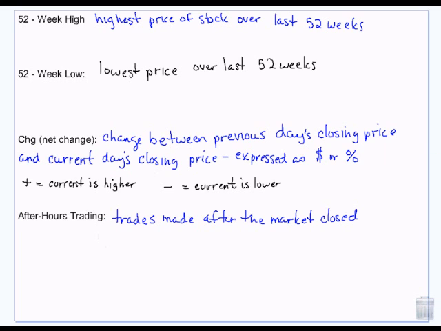The way you can tell if after hours trading has occurred is that the opening price of the day is different than the previous day's close.